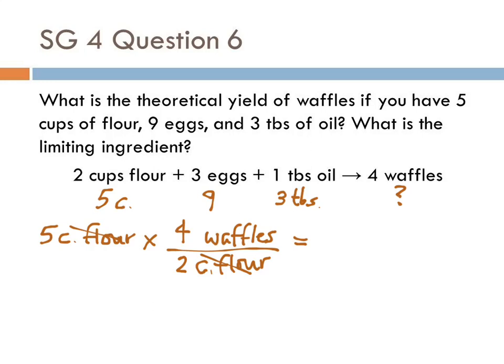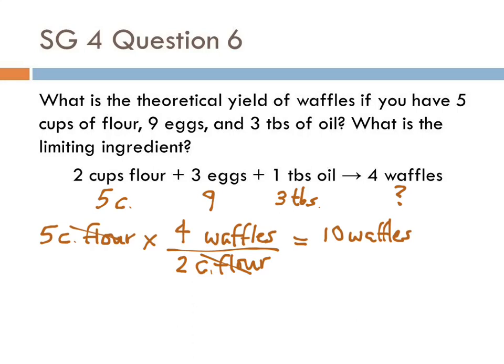So we've got 5 times 4 is 20 divided by 2. So if we used up all the flour, we could make 10 waffles. Now, this being things that we can actually see and feel and eat, it probably makes a little more sense, which is why we're doing it. So that's if we used up all the flour.